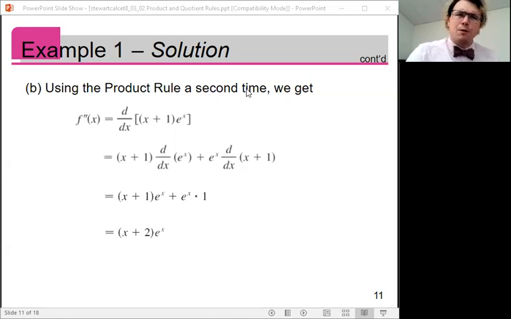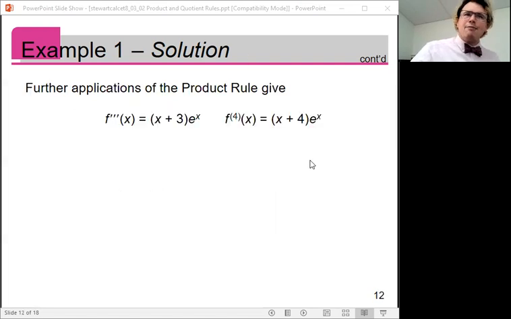My first derivative gave me x plus 1 all times e to the x. My second derivative gave me x plus 2 all times e to the x. If I kept going here, let me say that the third derivative is the derivative of the second derivative.